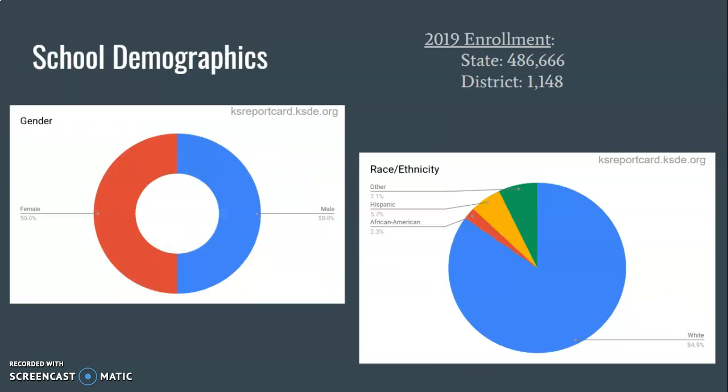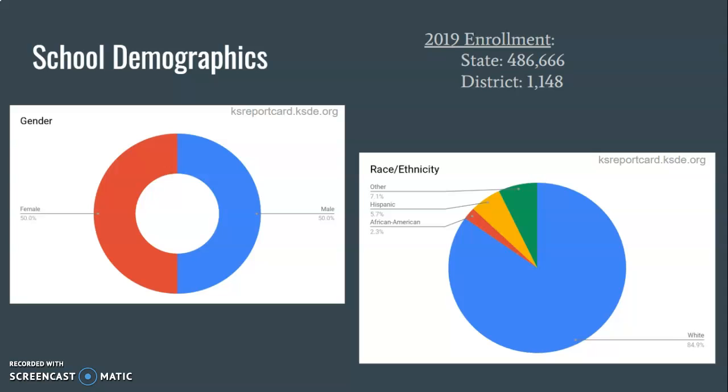Now about our school. We have the enrollment of 1,148 students. Our state is around 486,000. Thought that was interesting. Our gender is 50-50, so that kind of surprised me. But the last year in 2019 was 50-50.